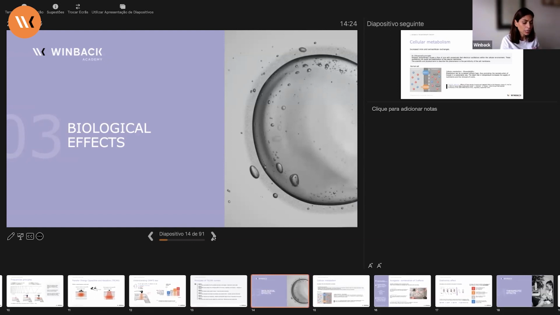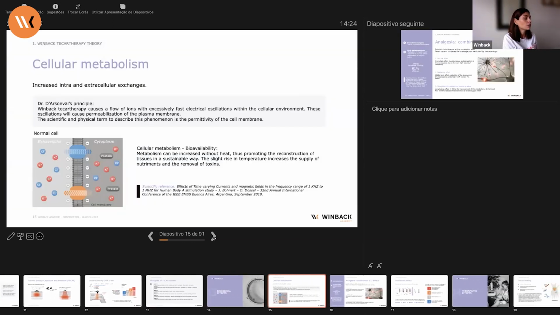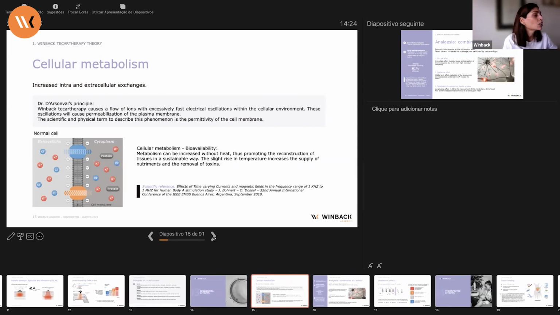So what about the biological effects of the Winback current? It works in the cellular metabolism. How? It increases the intra and extracellular exchanges. It's just the Arsonval principle.